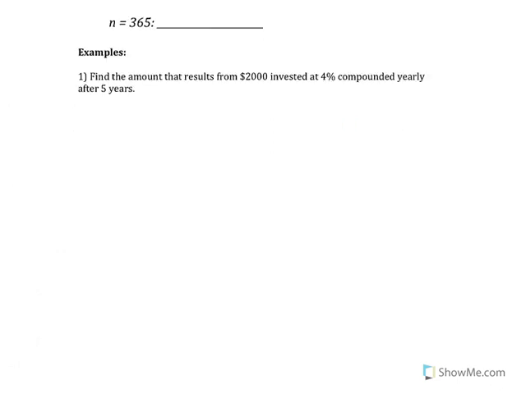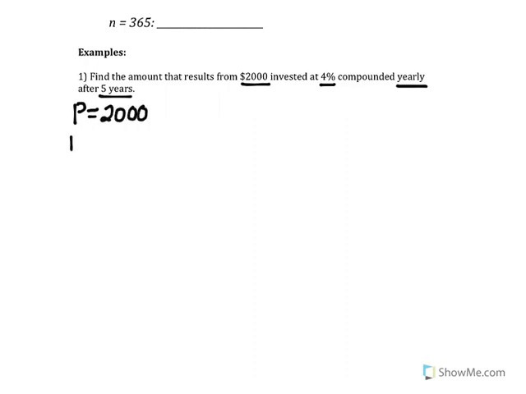Alright, our first one says find the amount that results from $2,000 invested at 4% compounded yearly. So we're going to use that first formula. A lot of information here that you can pull out, kind of underline. I like to sometimes write it out. You don't have to always do this, but we know that we're putting in $2,000.